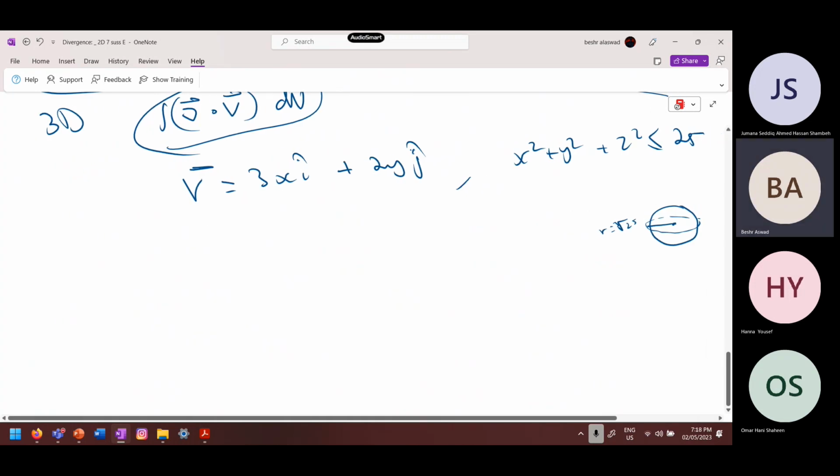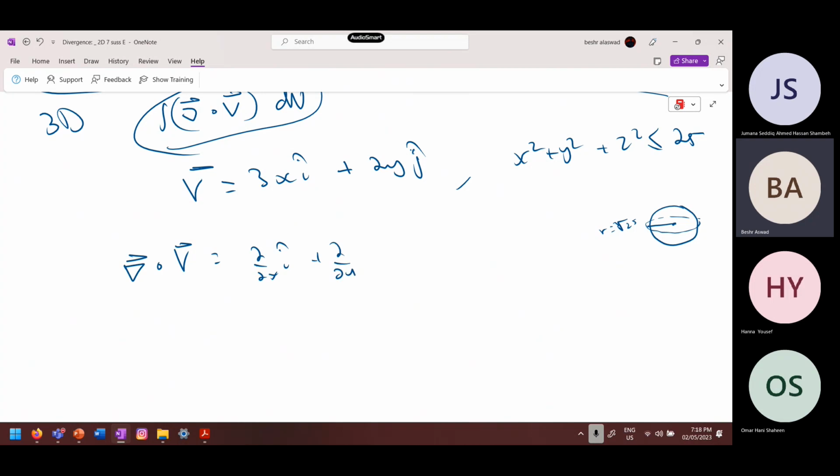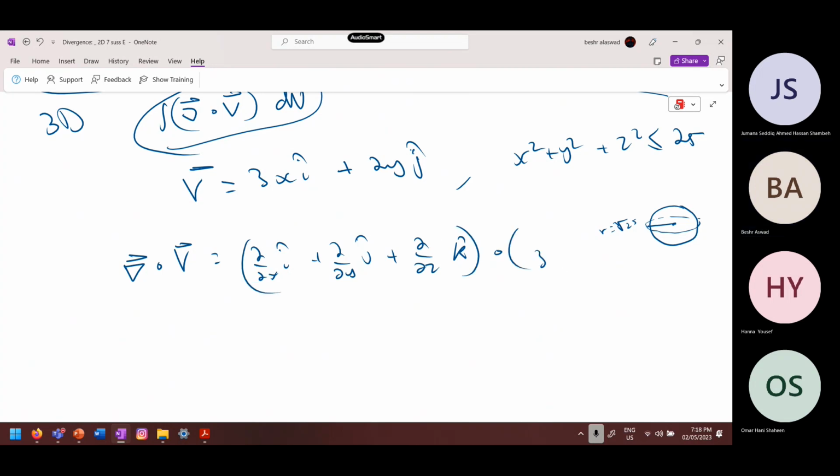Now to apply this, basically just find the divergence, the gradient dot product with the given vector: partial over partial x i hat plus partial over partial y j hat plus partial over partial z k hat, dot product with 3x i hat plus 2y j hat.